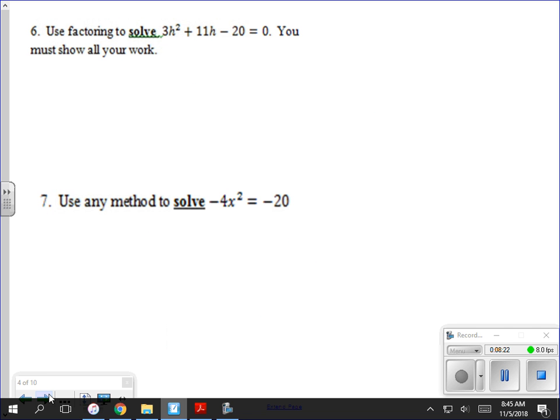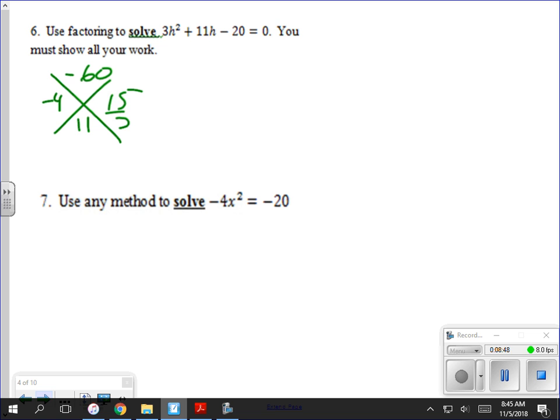Okay, number 6, use factoring to solve. You must show all your work. Same thing. You must use factoring to solve. Negative 60, 11, 60 and 11, 4 and 15. Negative 4, positive 15.